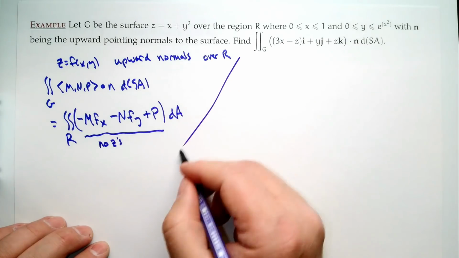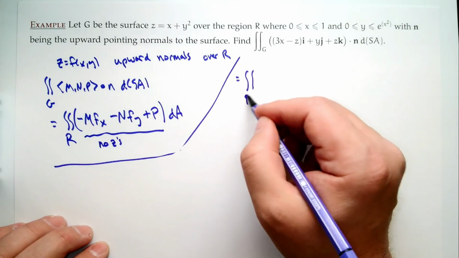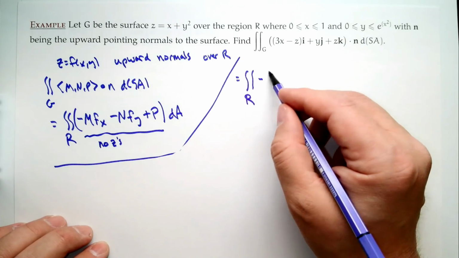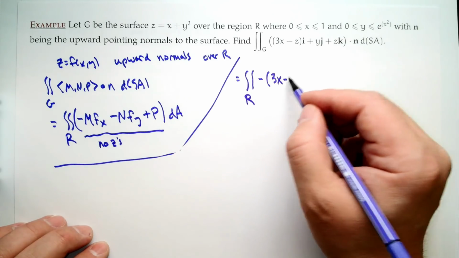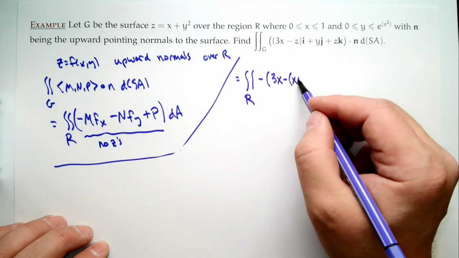So that's our tool. So we're going to have the integral over our region of minus (3x minus z). So I'm going to replace z by (x plus y) squared.